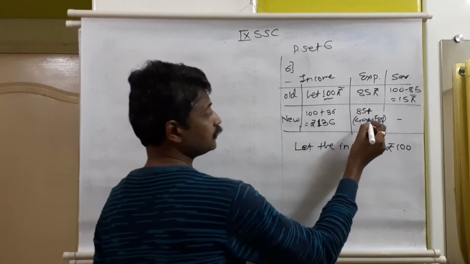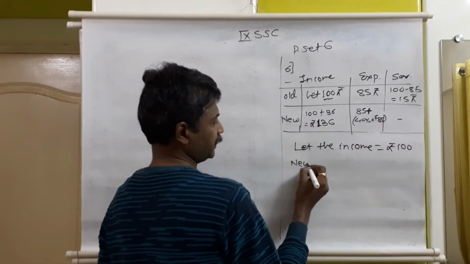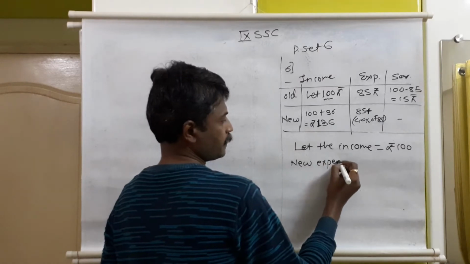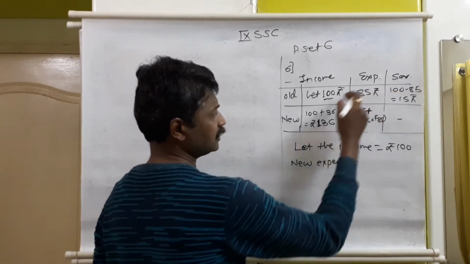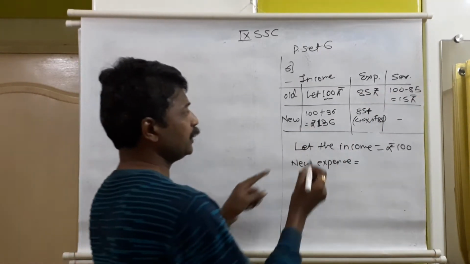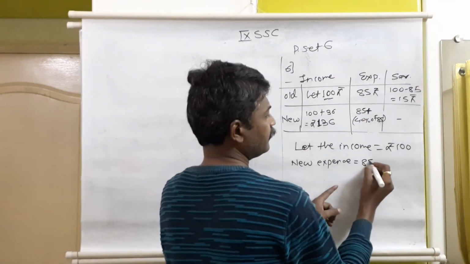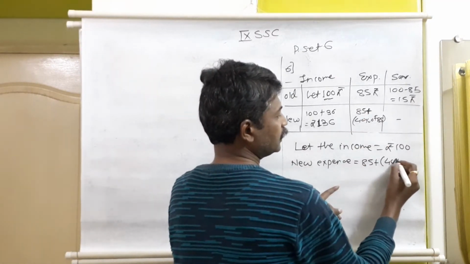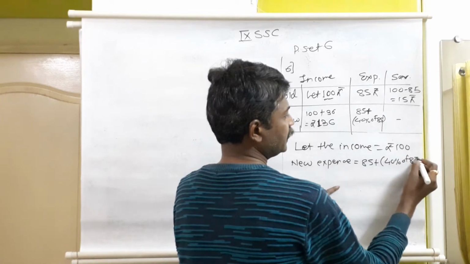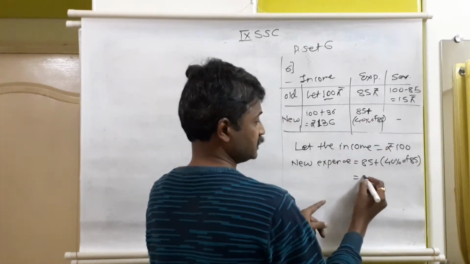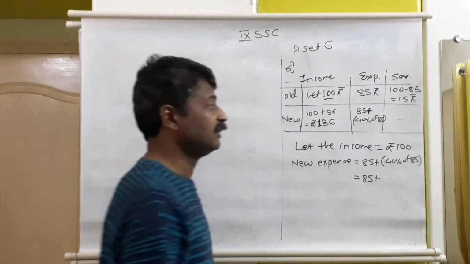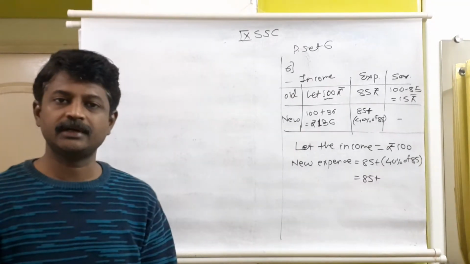Now we want to find the new expense. New expense is equal to 85 plus 40% of 85. This calculation is necessary. 85 plus 40% of 85. How to calculate?